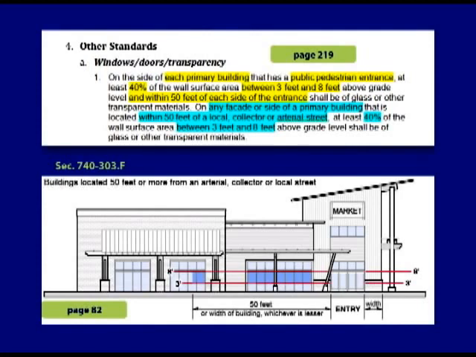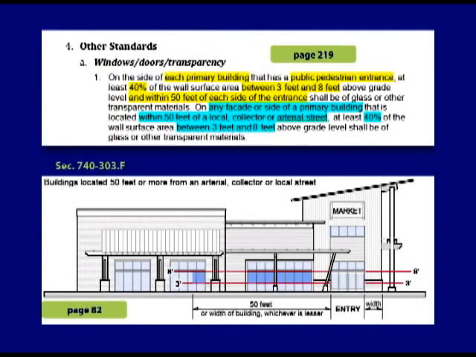This language is in all the districts that have transparency. It's going to be worded the same. The numbers may be different, but the wording and the calculation is going to be the same. You have two instances, and I've highlighted in yellow up here the first instance, and that is just your basic primary building.